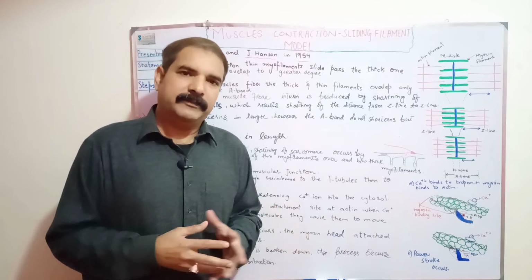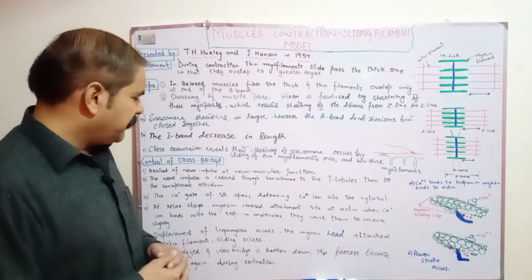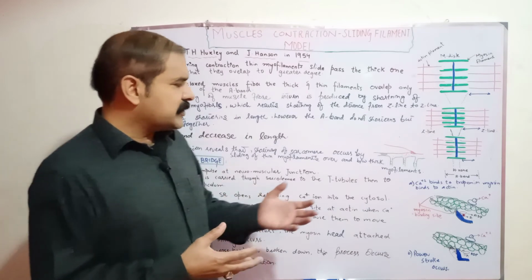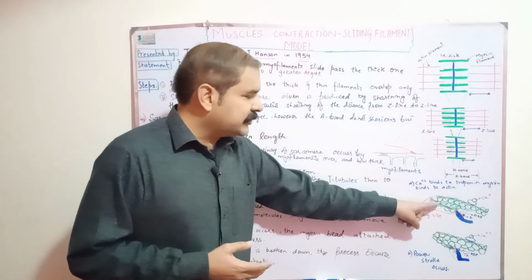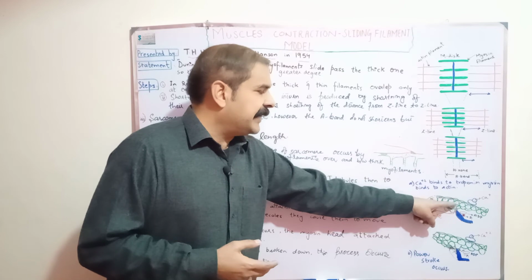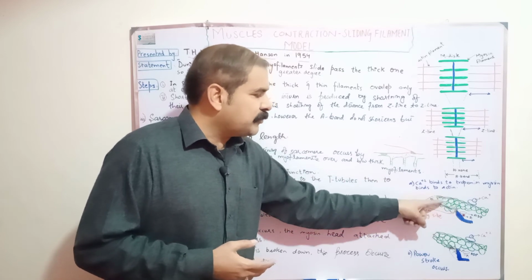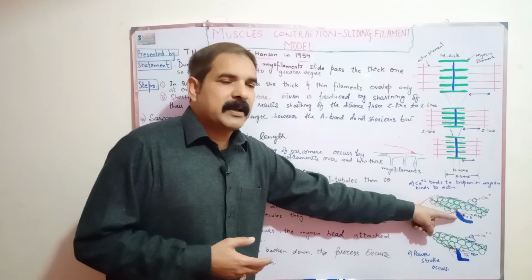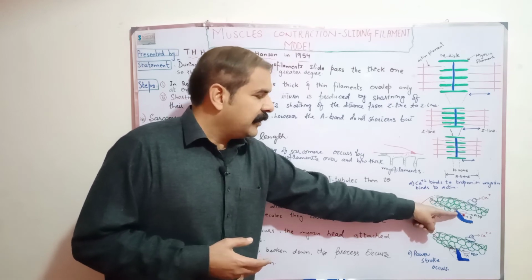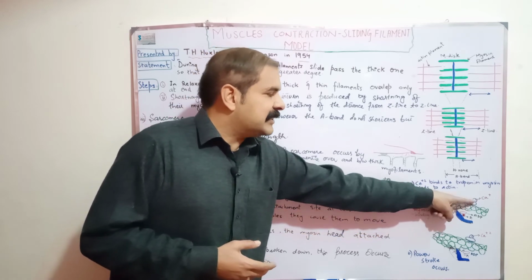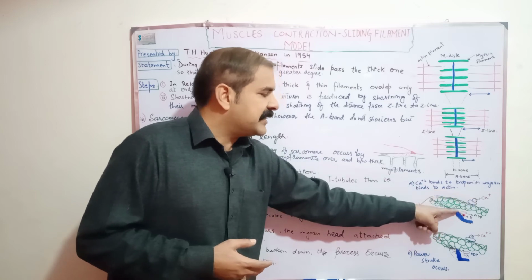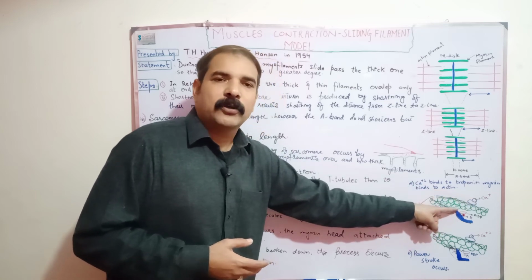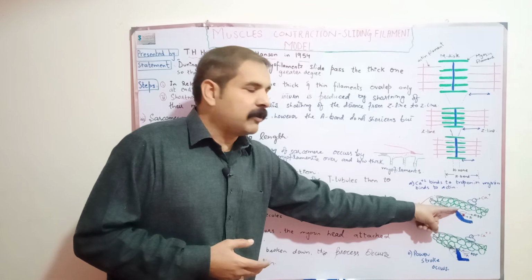So if you see the whole diagram, this is the tropomyosin, this is the actin, and this is the myosin, and the tropomyosin is covering the actin molecule, and here is the myosin head. When the calcium troponin complex forms, it releases the binding site or bridge forming site.